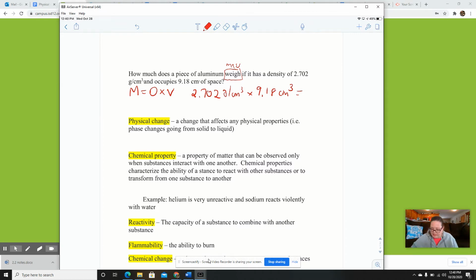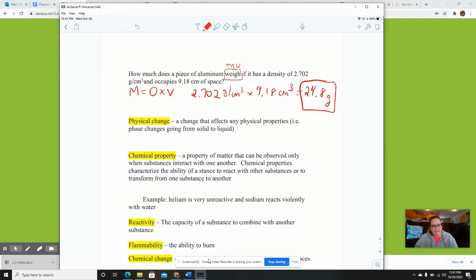Go to my trusty calculator here, 2.702 times 9.18 equals 24.8, and my unit is mass, which is grams, and there you have it, 24.8 grams.